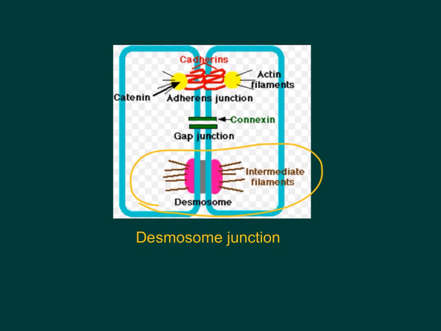So, as stated before, desmosomes also use cadherins, and the cadherins within desmosomes bind to keratin filaments found in the intermediate filament family. The main function of a desmosome is to join intermediate filaments in one cell to that of another.